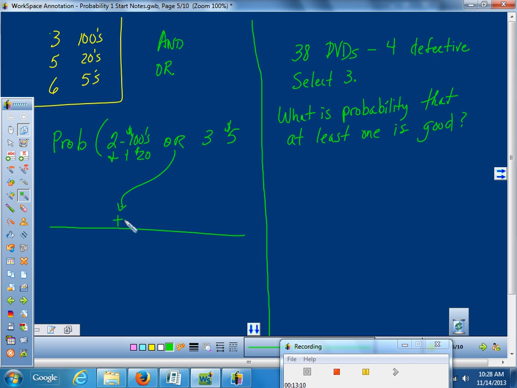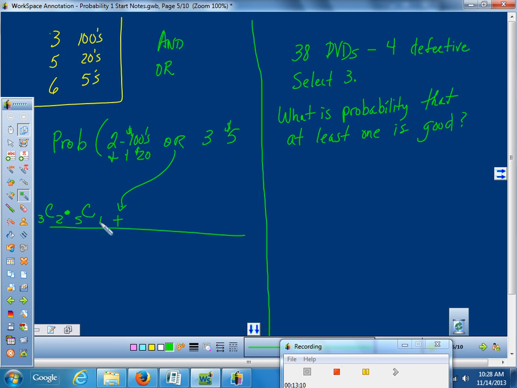So do them separately. How do I get two 100s and one 20? Two hundreds, how many are there? There's 3 of them. We need 2. And times 20s, there's 5 of them, and we want 1.